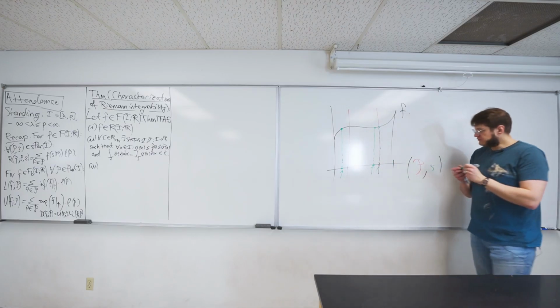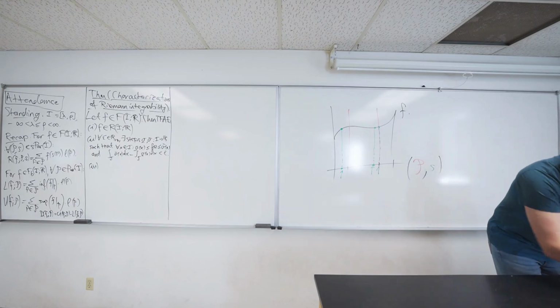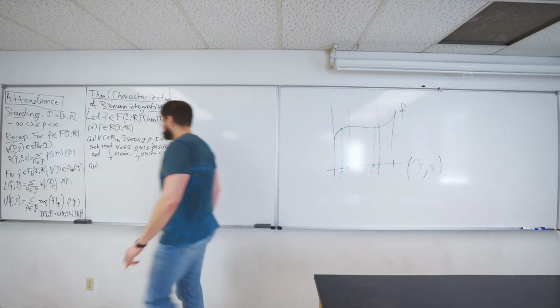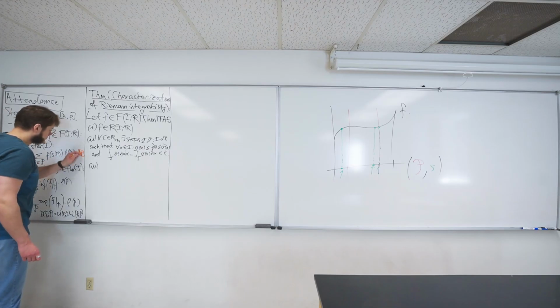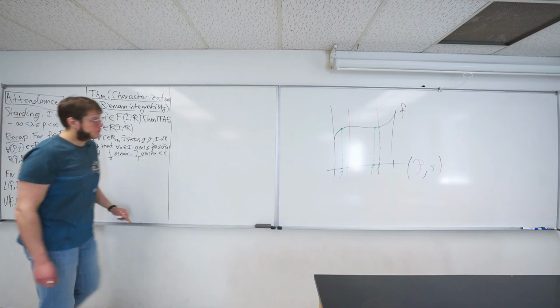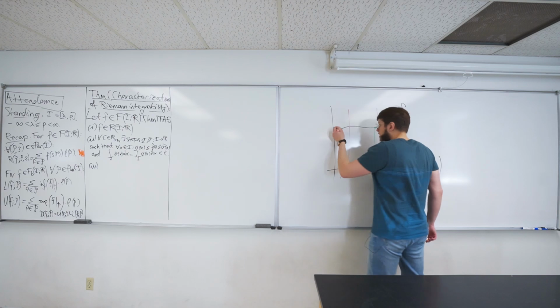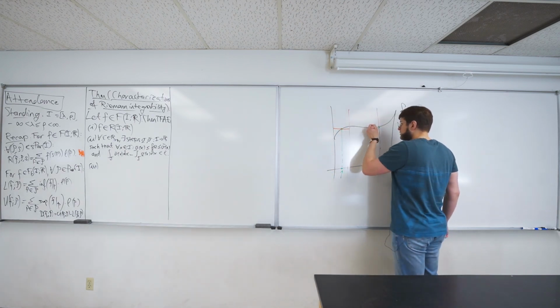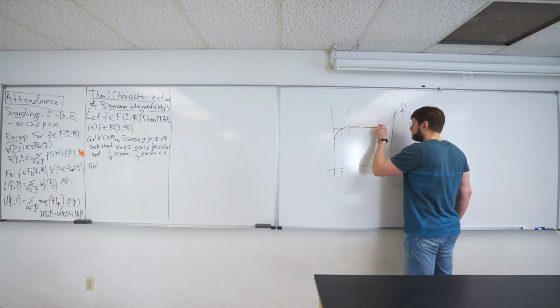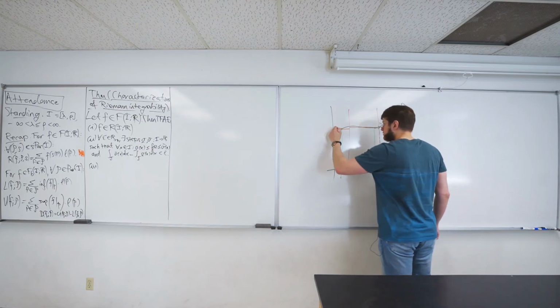Okay, something like this, for instance. And then this Riemann sum over here, we'll just color code it like this with orange. Well, it's the area of this.